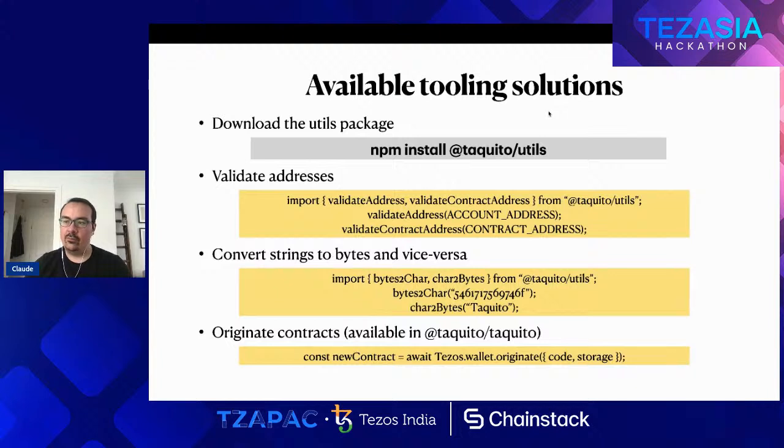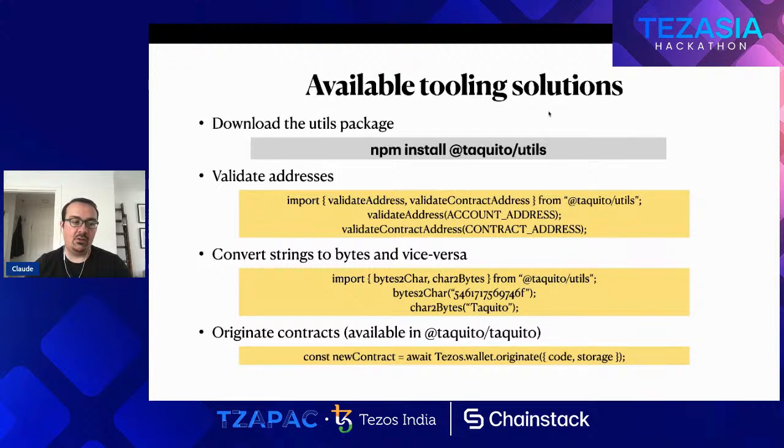And another tool that's very useful with Taquito, available directly in the Taquito package, is that Taquito is going to let you originate contracts. That's something that you may want to use in your application. If you have an application where users need their own contract to interact with, you can do that directly with Taquito.